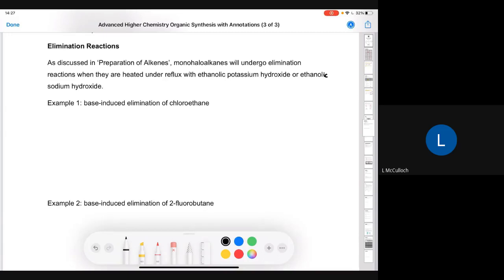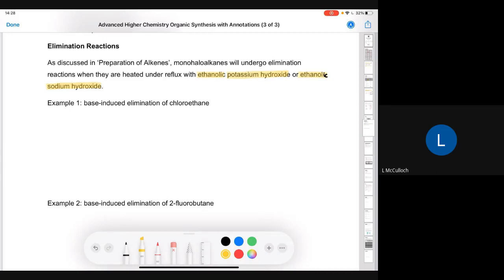Okay, so we would call this a base-induced elimination, and that kind of name base-induced tells you that you're going to use a base to do the reaction, because potassium hydroxide and sodium hydroxide are both bases, and we must dissolve them in ethanol rather than water. Okay, and we'll see why we dissolve them in ethanol rather than water a little bit later on.